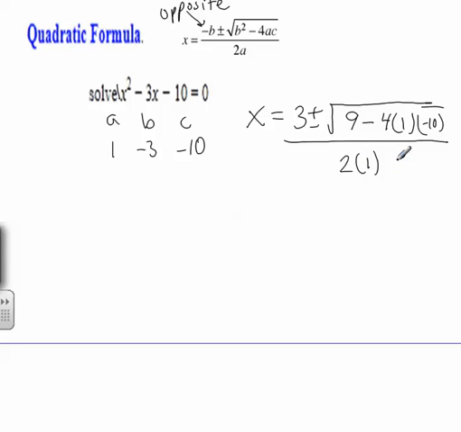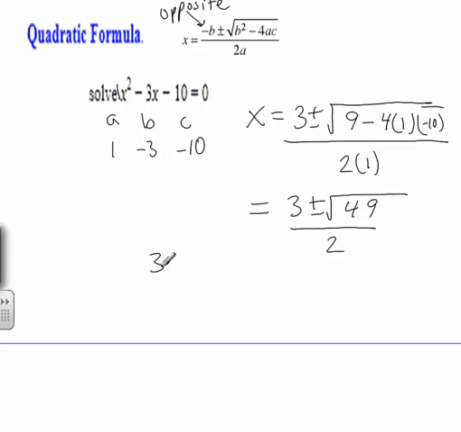Okay, so then we simplify that. In the next step, carry down this and this. This ends up being 9 minus a negative 40, which is a positive 49, divided by 2. And this plus or minus thing is just to save some writing. We're going to go through this one time with it being positive.